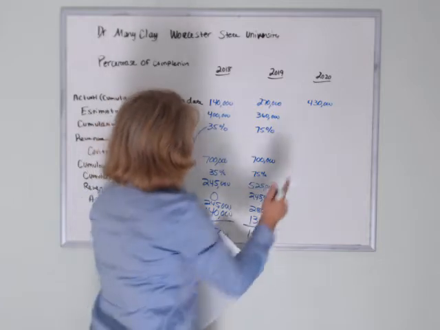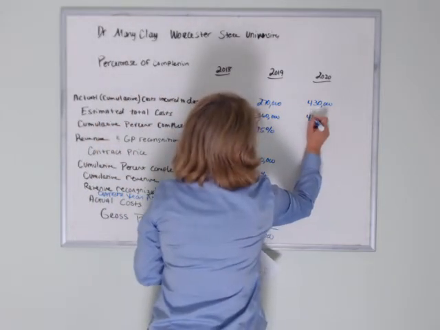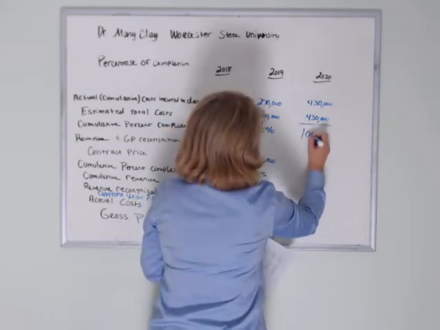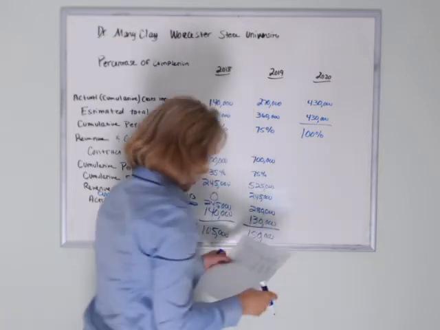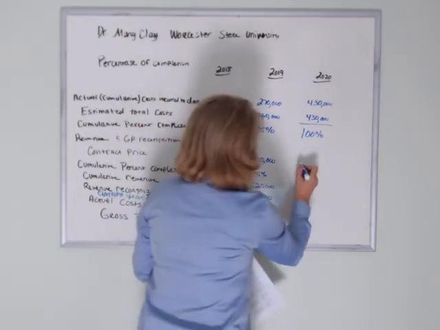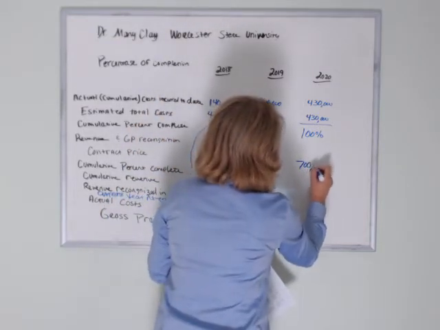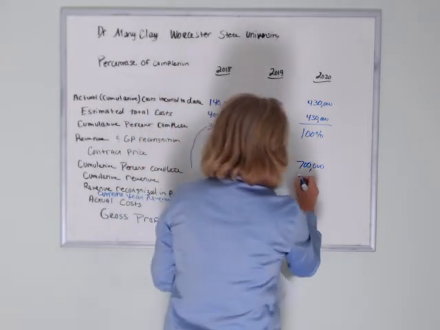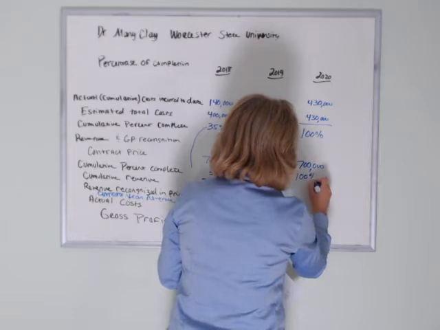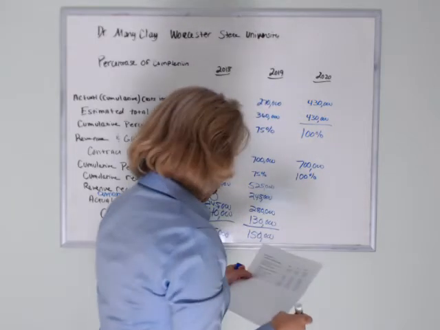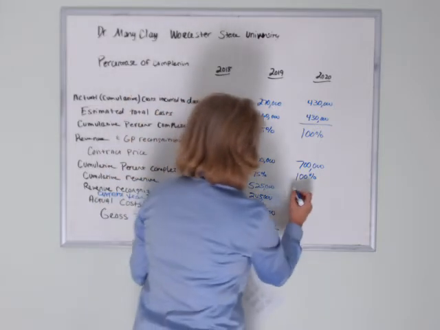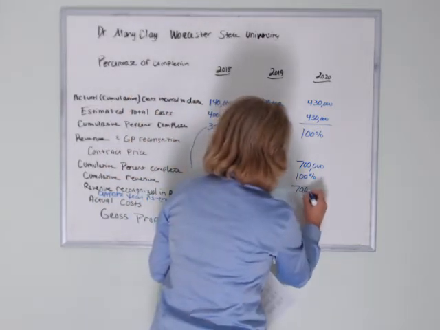Your estimated total costs are the same. What's the percentage? 100%. You're done. You don't have to figure out the percent. 700,000 is the contract price. 100% is the percent. Cumulative revenue: well, you're done, so it's 700,000.